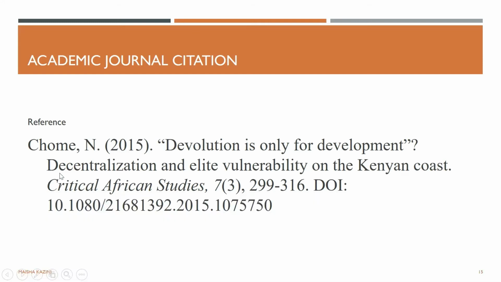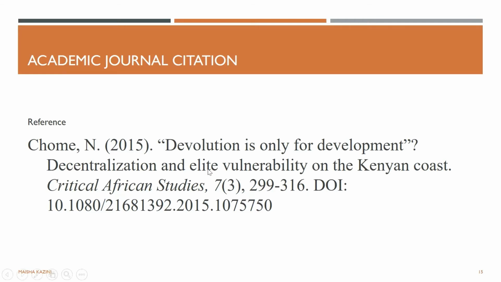Again, notice that the second part of the title starts with a capital D, and all the other words start with small letters until we come to Kenyan, because Kenya refers to a place. So that's why we keep the capital K. Then you can see Critical African Studies all start with capital letters because it is the title of the journal.